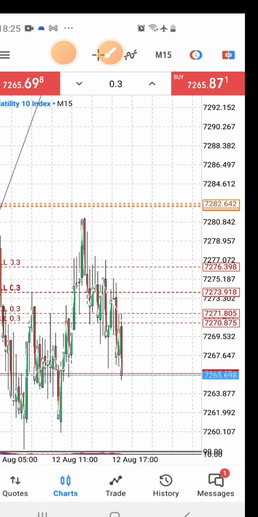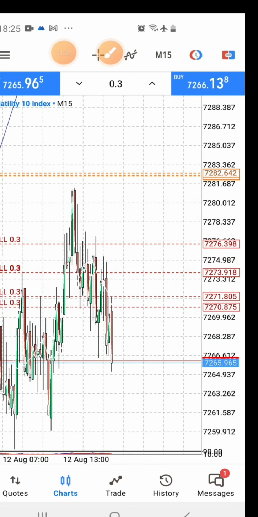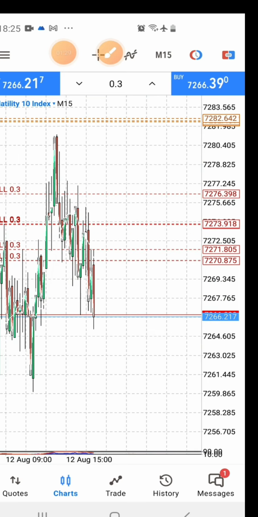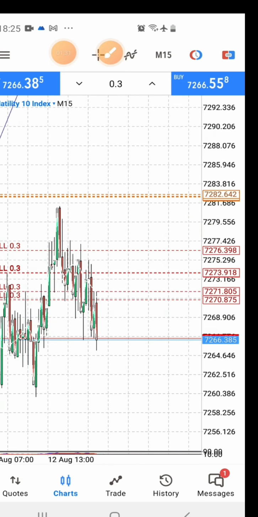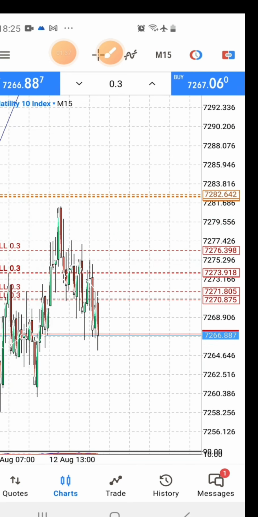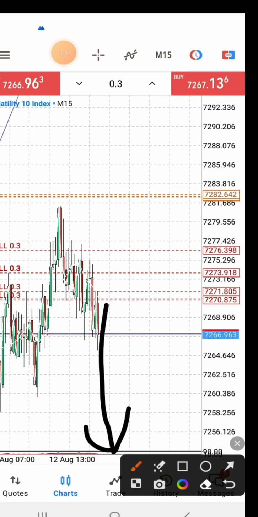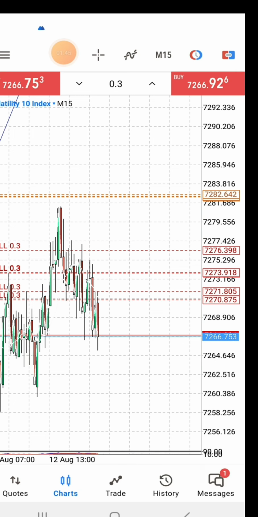So guys, you can see so far the price has started dropping massively. We still have a long way to go, so let's see how it goes with my multiple entries. I have about 5 entries right here. We are looking forward to the price dropping towards the downside, to our TP level.